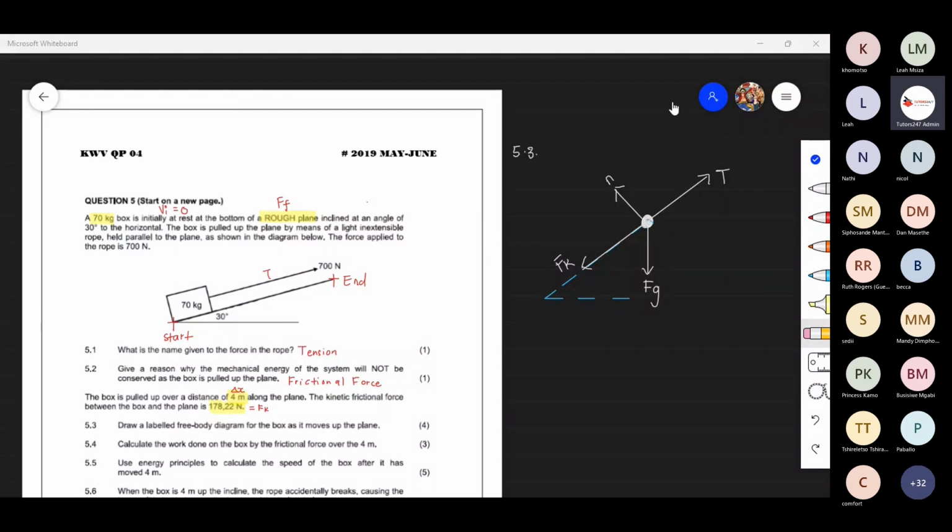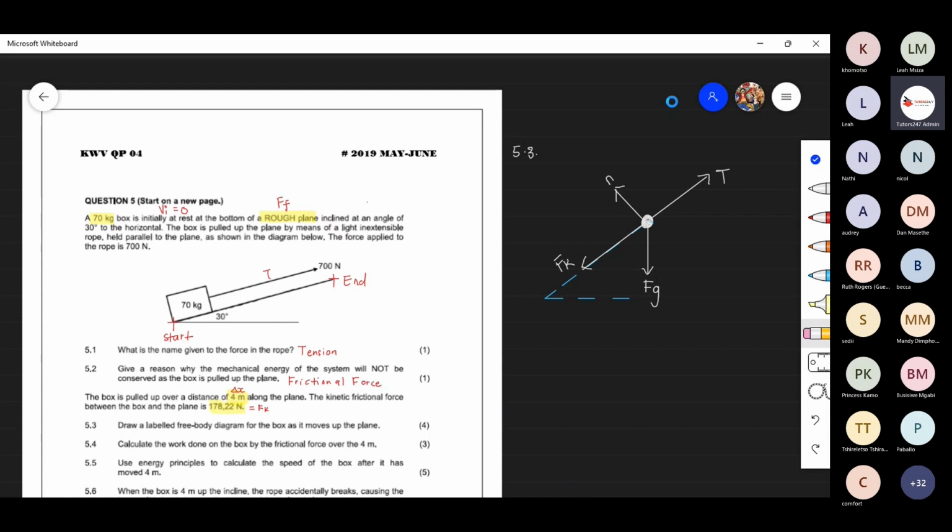Even if there was applied force, let's say hypothetically that was intentional force, and you wrote applied force for question 5.2, that would still be marked wrong. The reason is that applied force is not one of the conditions that makes mechanical energy non-conserved, or is not technically considered an external force in a way.